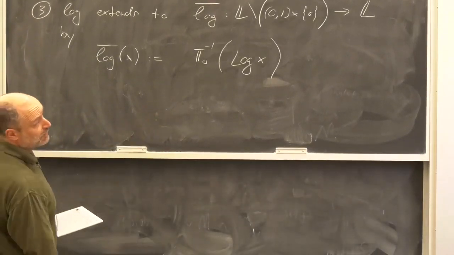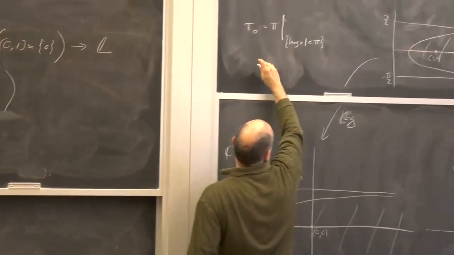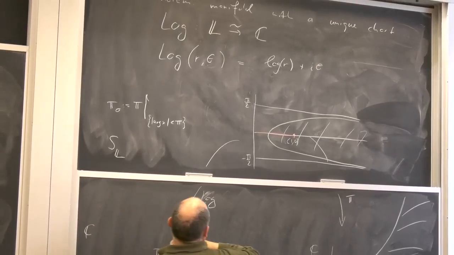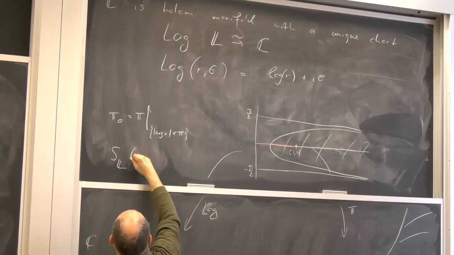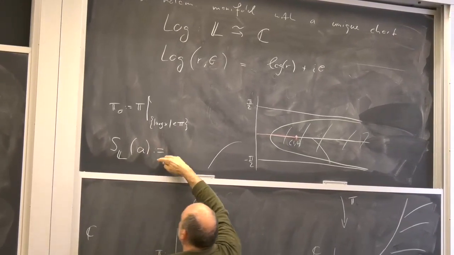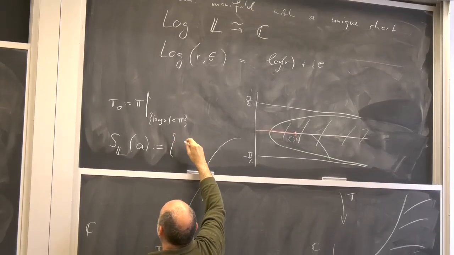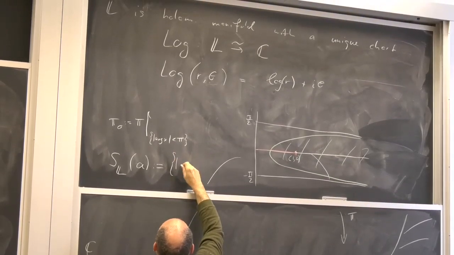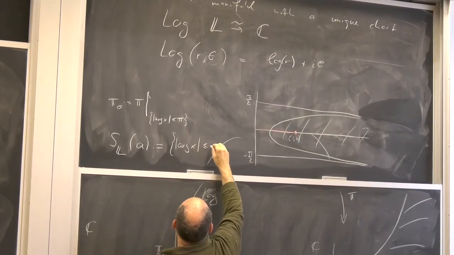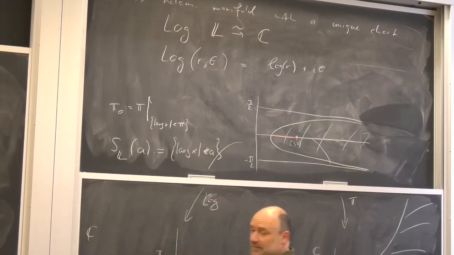Let me write. This kind of set, these strips, these are sectors on the Riemann surface. This kind of set is going to be the set of all points where the absolute value of the argument is less than pi.